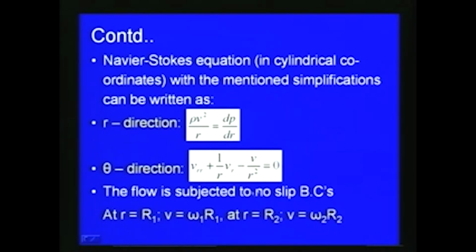The flow is subject to the no slip boundary condition. So, we can write that at r is equal to r1, V is equal to omega 1 r1, and at r is equal to r2, V is equal to omega 2 r2. These are the boundary conditions for this problem, and the governing Navier-Stokes equation is simplified in this form.